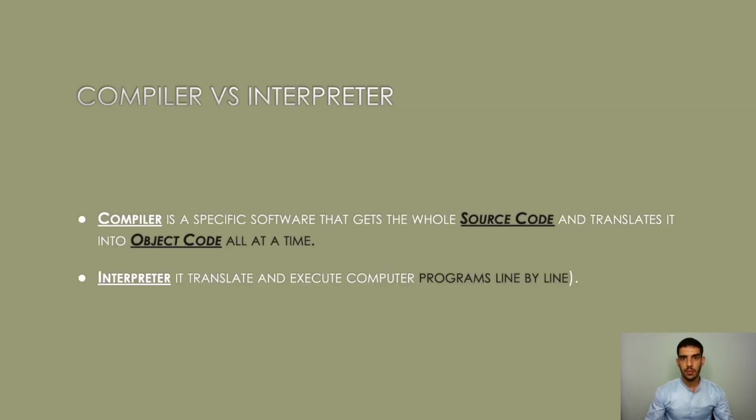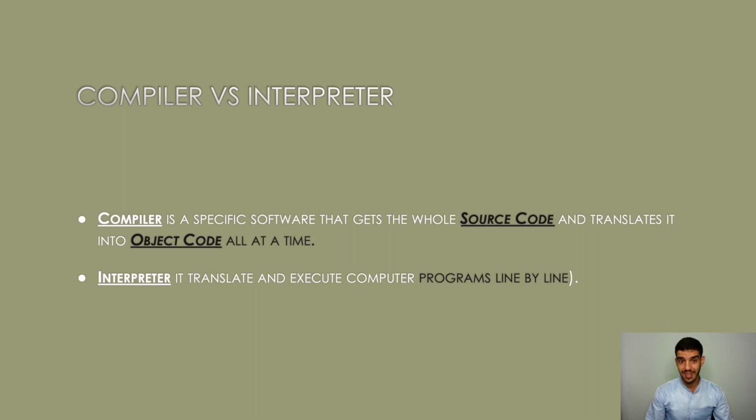Lastly, whenever we write a program, as we said, the machine doesn't understand anything except 0 and 1. So there has to be a middleman between us, the human or developer, and the machine. And that middleman we call a compiler or interpreter.